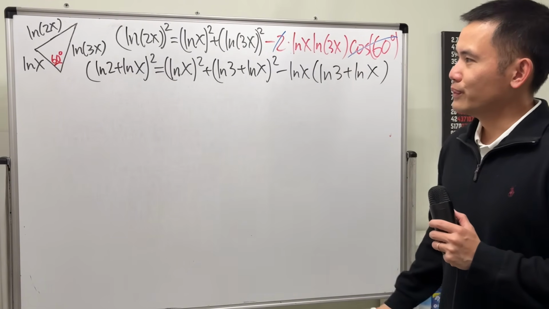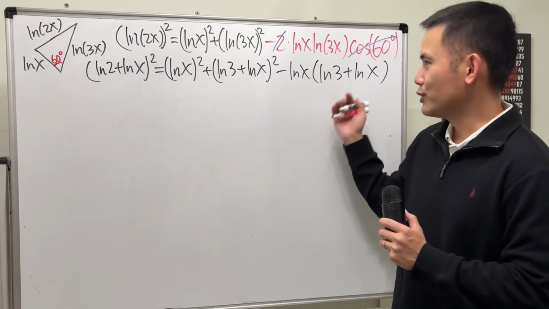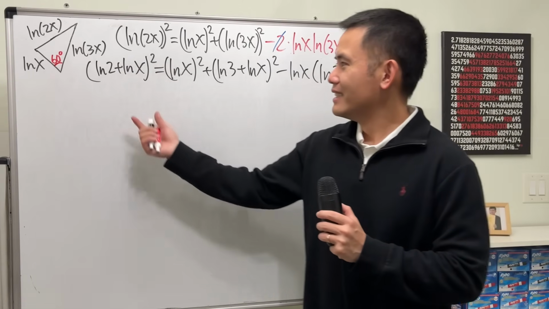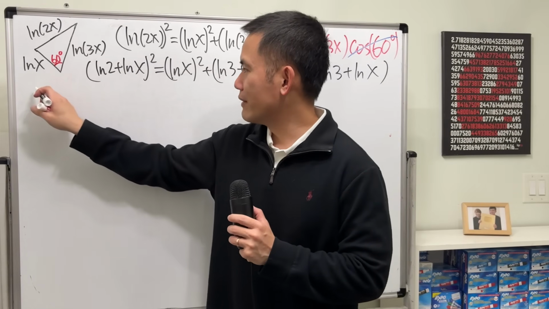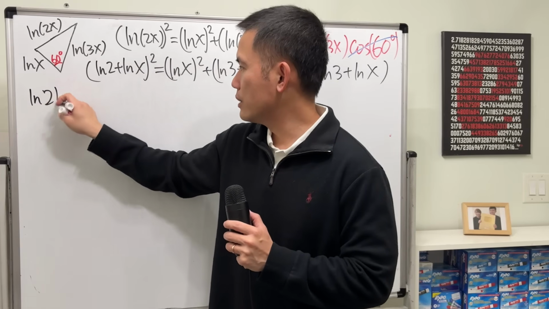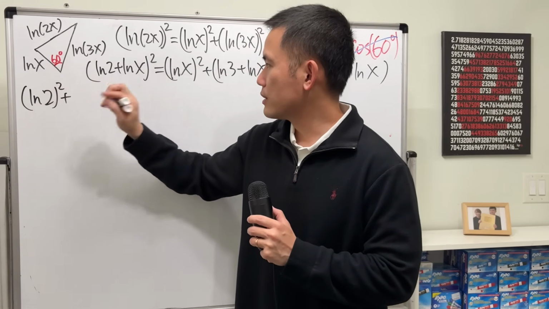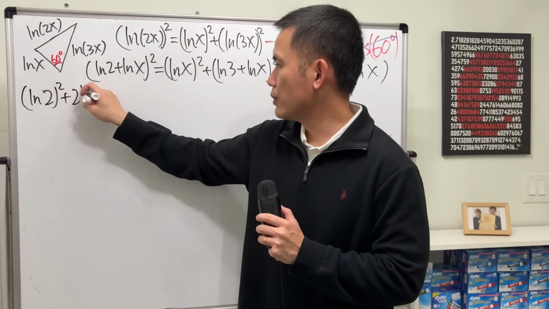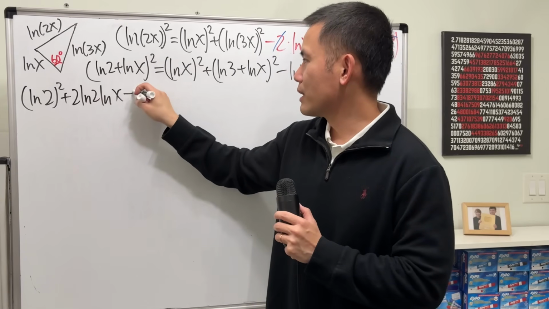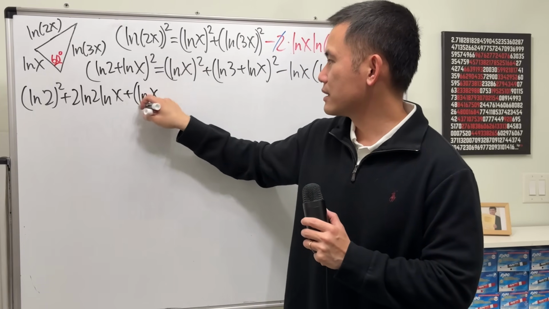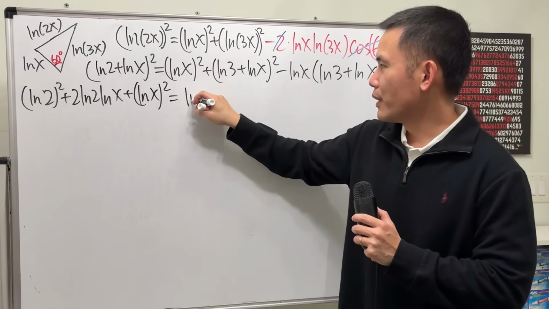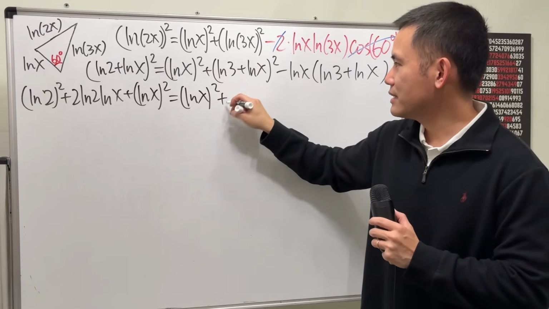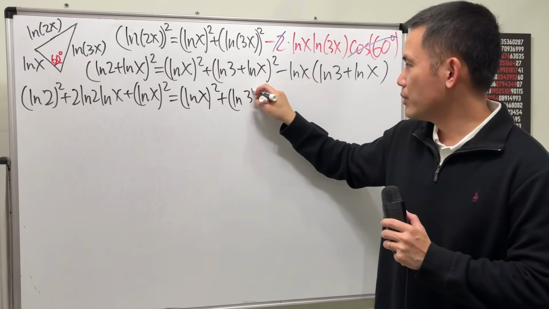Now we just have to expand it, then distribute and collect like terms. So we are going to square this, so that means we have to square the ln2. Let me write it down like this. Plus 2 times this and that, so that's 2 ln2 ln(x), plus this thing squared, so that's ln(x) squared. And that's equal to ln(x) squared plus square the ln3.